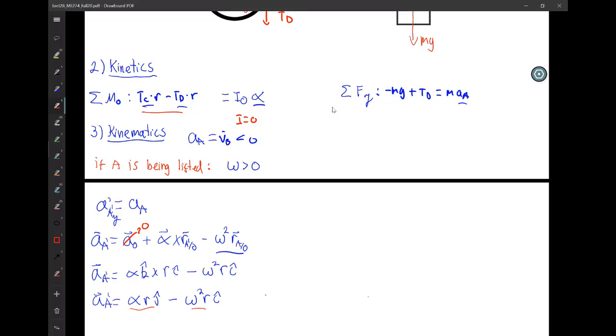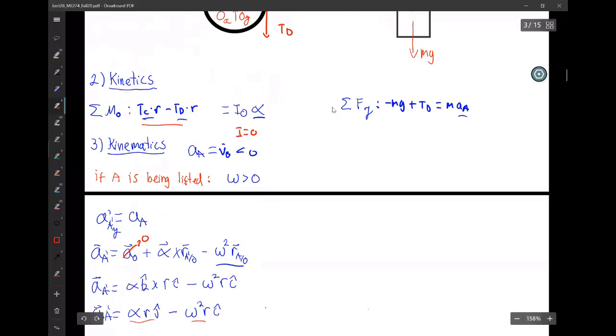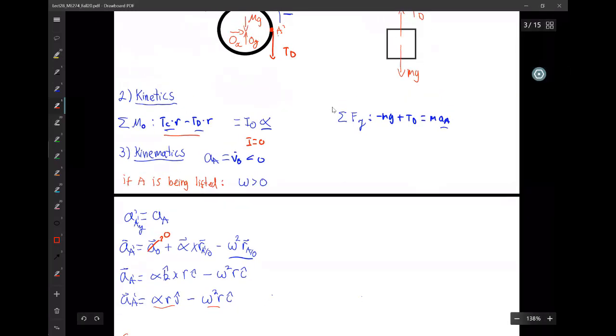Now, what we know is that the acceleration of the block is the same as the acceleration of that point on the pulley, point A prime, but only in the Y direction. The X direction is not affecting the block, right?